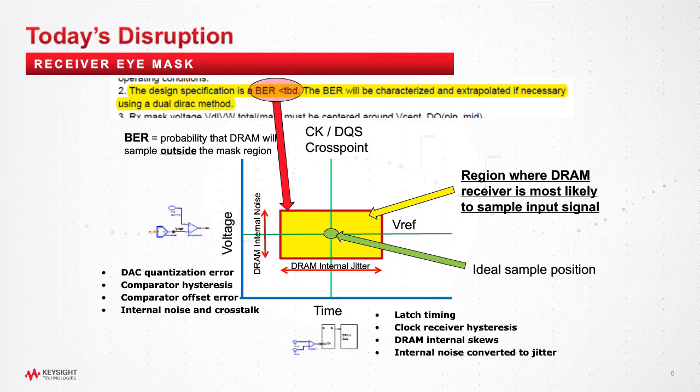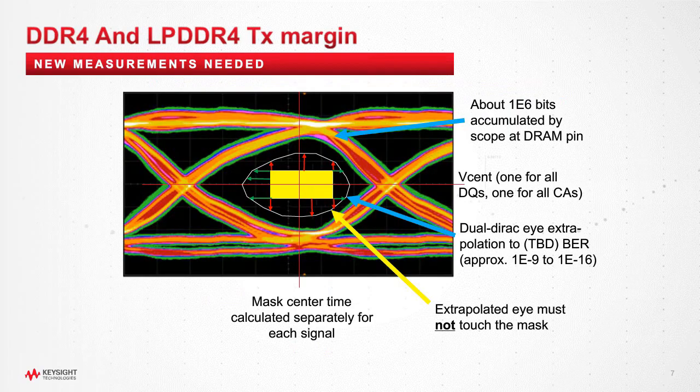This is caused by things like noise and jitter, jitter converted into noise, noise converted into jitter, that have the effect of changing in real time the effective reference voltage and changing in real time the sample point, the point in time where the data is sampled.